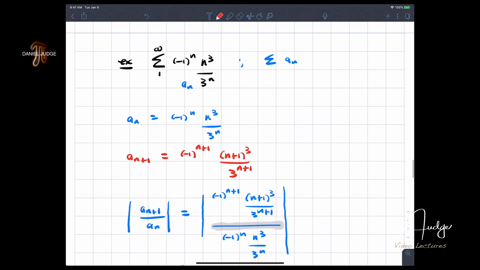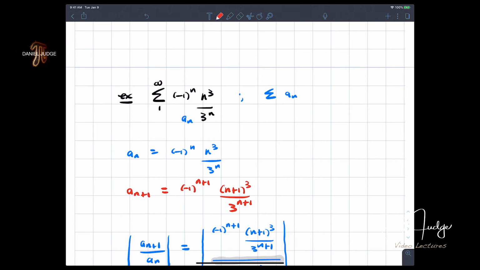It means the original series. Go back over here. The original series is absolutely convergent. However, you really know that that implies that the original series is simply convergent, because absolute convergence implies convergence.